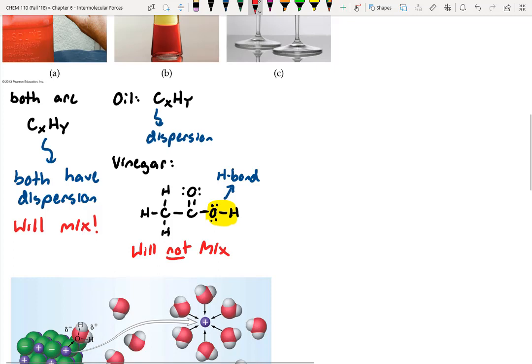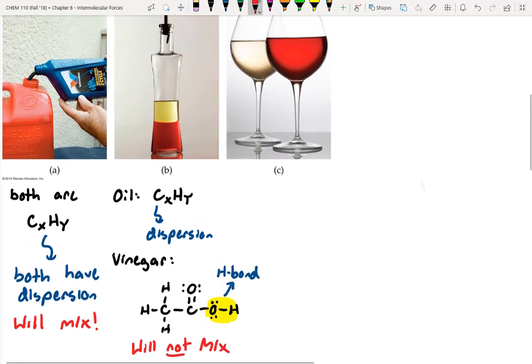All right, and then the last one that we've got is wine. So wine is almost all water, right? If you look at a bottle of wine, the percentage of alcohol in there is typically like 10 to 15%, but it's not 100%. You don't want to drink 100% alcohol, that's for sure.